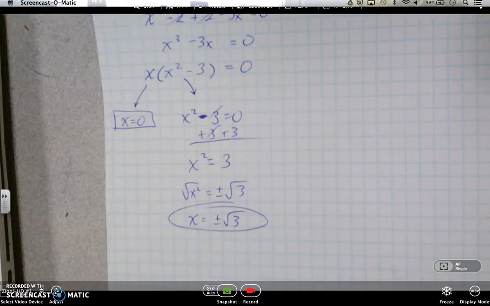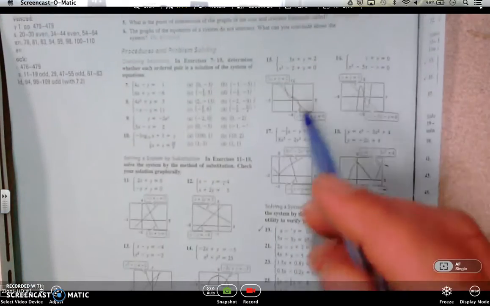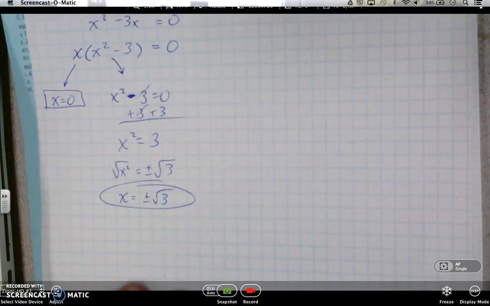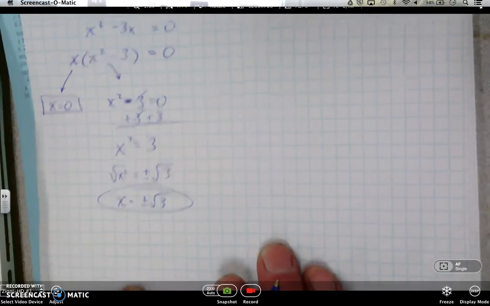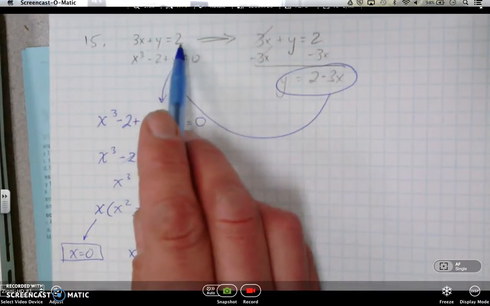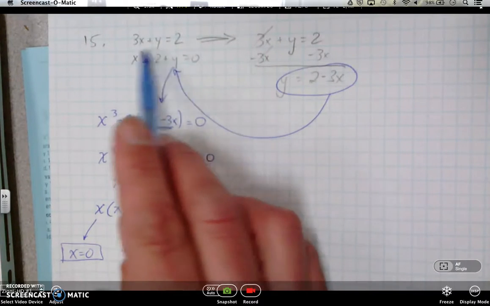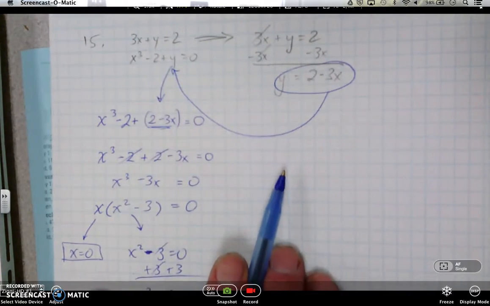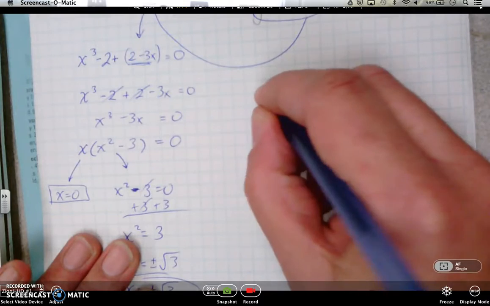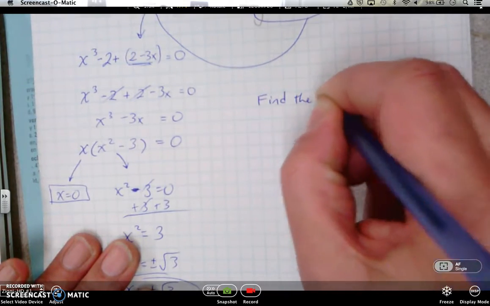So those are our two answers, but they're not exact answers, because let's go back to what we're really solving here. We're solving a question of where do these graphs cross? Well, we know the x locations where they cross, but that's not a complete point. We need the rest of the point. Okay, so we're going to have to take these and plug them in. So over here, you can take either equation. Our original equations were 3x plus y equals 2, or if you want to take the one with exponents and more values and a negative, you could do that. Personally, I think the top one's a little easier. So we'll redo it. We're going to find the y values.